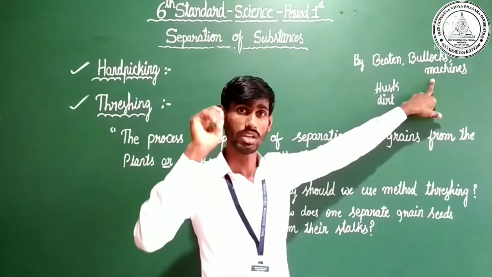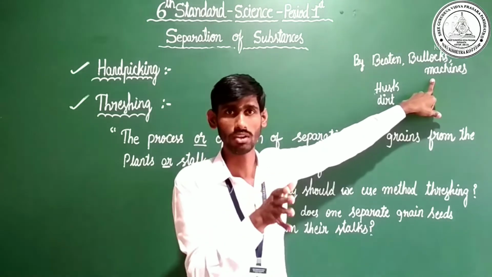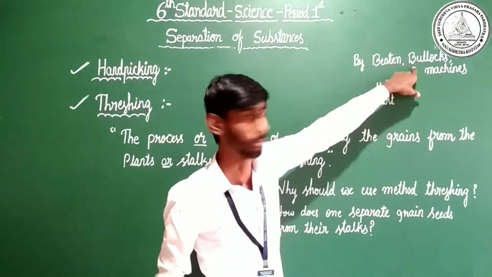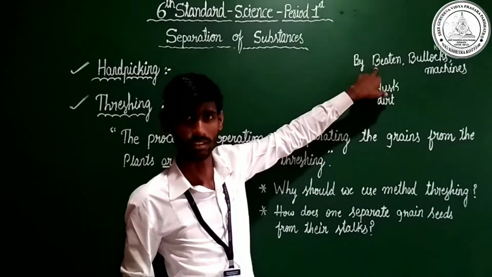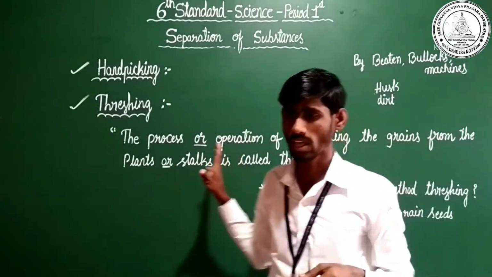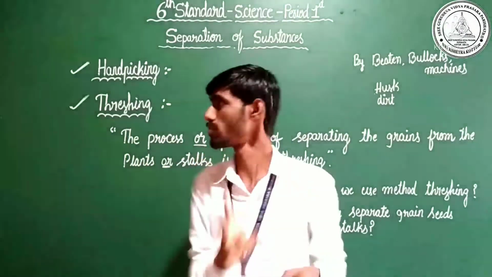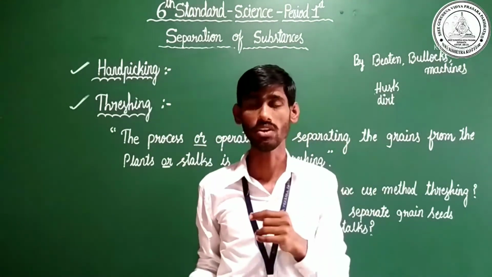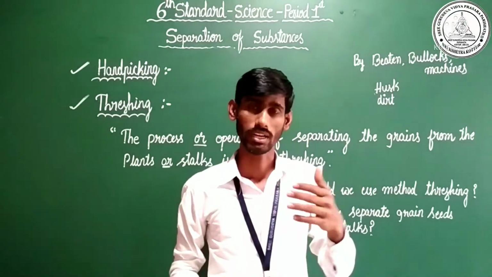In the olden days, 20 or 40 years ago, farmers used bullocks and beating. Dear children, this is all about hand picking and threshing. In the next video, we will discuss the rest of the methods.